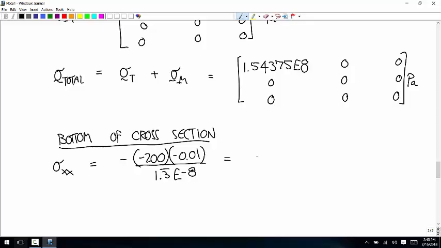And you get negative 1.54 times 10 to the 8th.